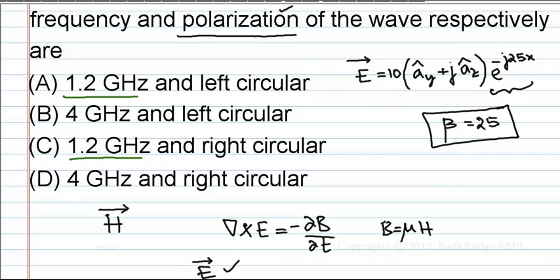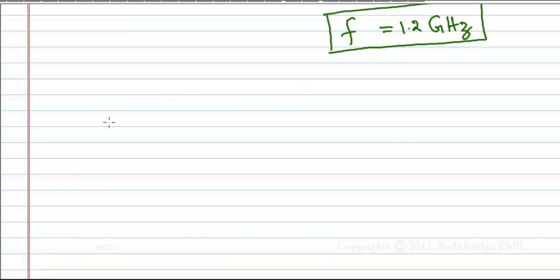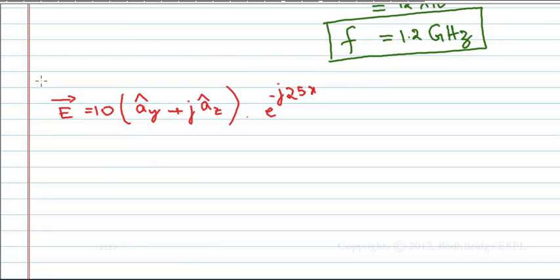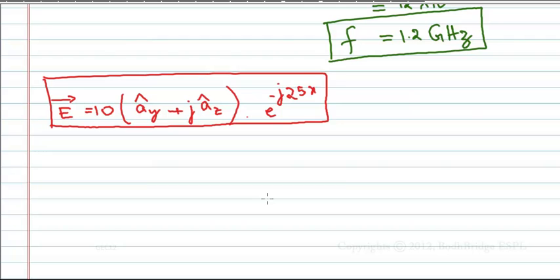Now we should say what is the type of polarization. First of all, note what E bar is. This is E bar. Now plot this. This is ay cap and az cap is in this way. The electric field is ay cap and j times az cap.